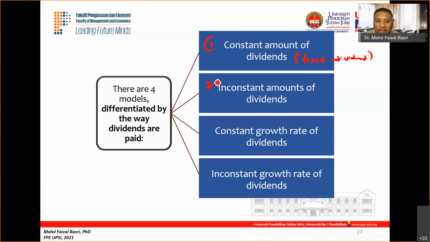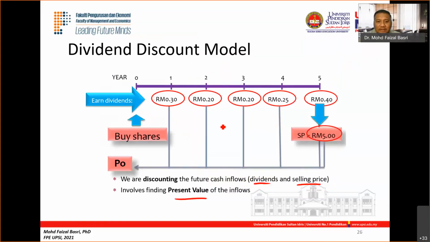The second model is based on inconstant amount of dividend. The word inconstant here refers to the amount of dividend which is different from one year to another. The best example is what we saw earlier, whereby the amount of dividend differs from one year to another.